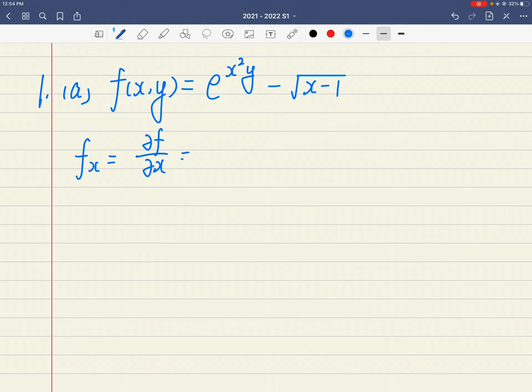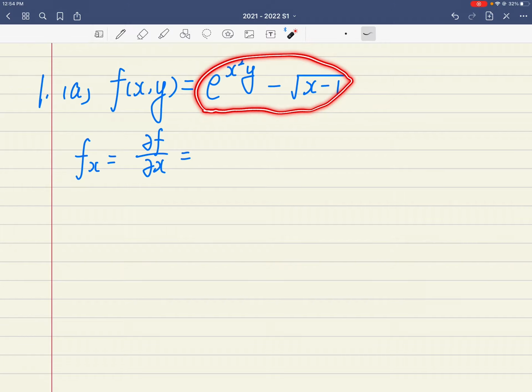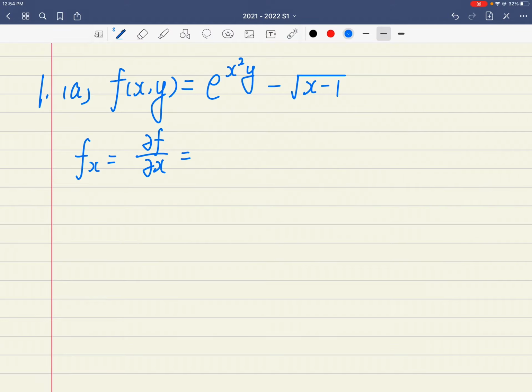Since y is fixed, you can treat y as a constant. So essentially, you are trying to differentiate this by x when you treat y as a constant. Now you have to use the chain rule first. E to the power of something, the derivative is e to the power of something, then the derivative of x squared times y, treating y as a constant, is 2x times y.